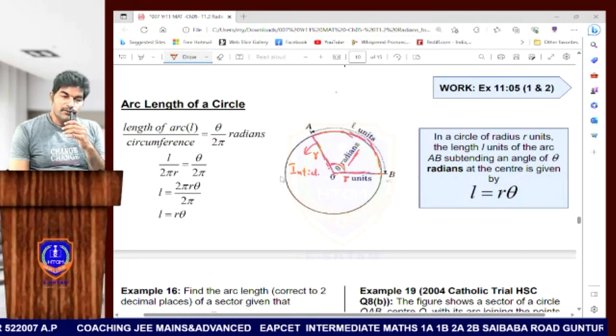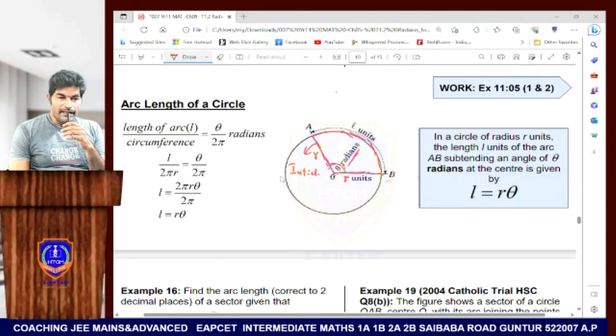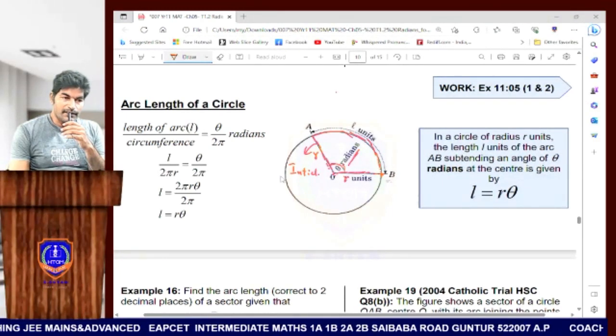From there, make some angle theta and mark some point B on the circle, and join OB. That AB is called arc length, and it will be measured by the following formula.